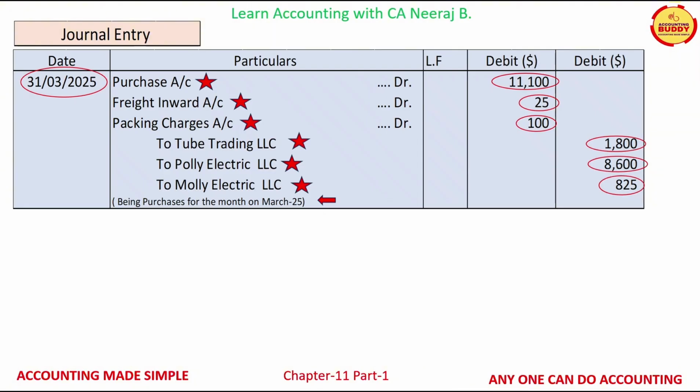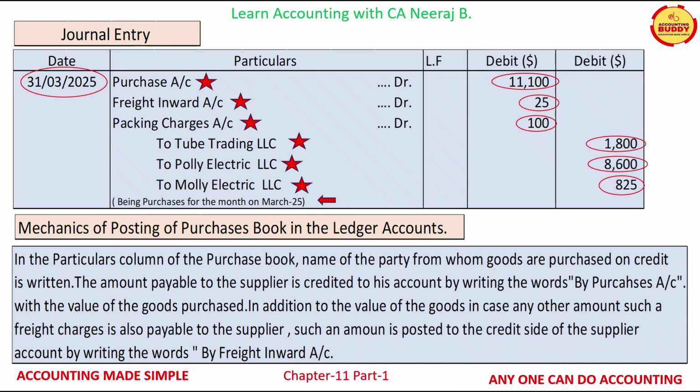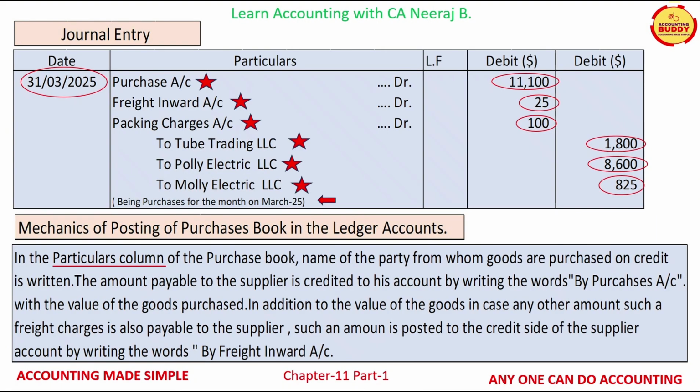Let us now understand the mechanics of posting of purchase book in the ledger accounts. In the particulars column of the purchase book, name of the party from whom the goods are purchased on credit is written. The amount payable to the supplier is credited to his account by writing the words by purchase account with the value of the goods purchased.